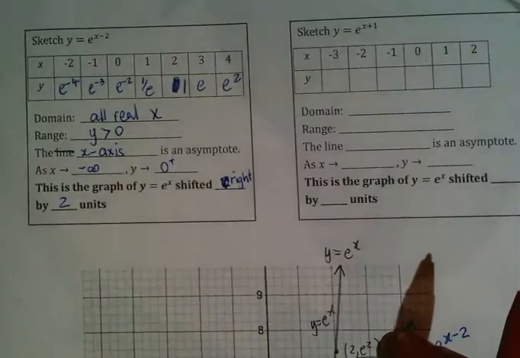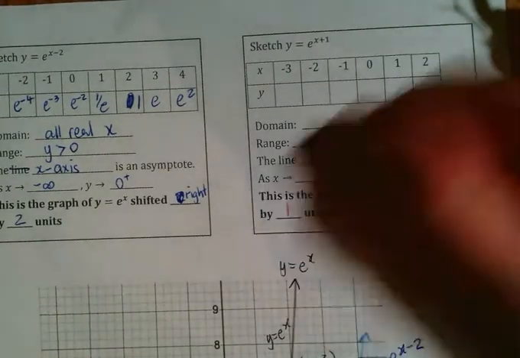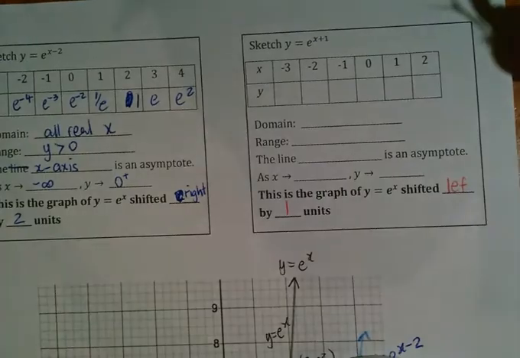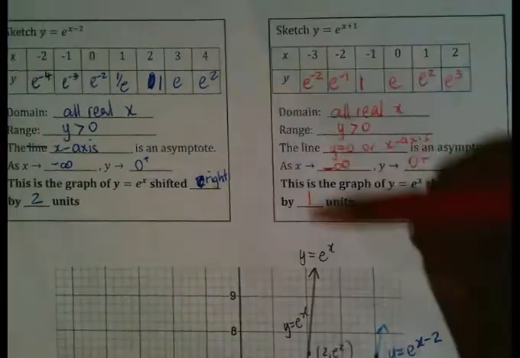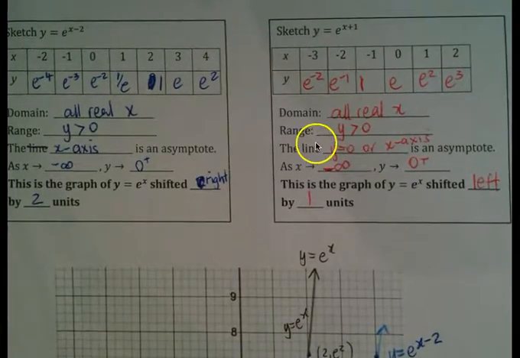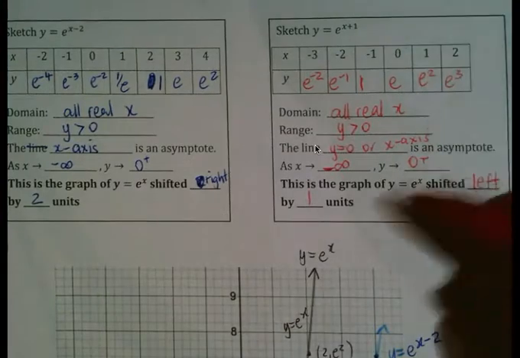So that should be a shift left by 1 unit, and you can put all these values in. Okay, I'll just let you do that, and we'll check your answers in a minute. Values in the table, and then just come below and check your sketch as well. And notice here that the line y equals 0, or the x-axis, is your asymptote.